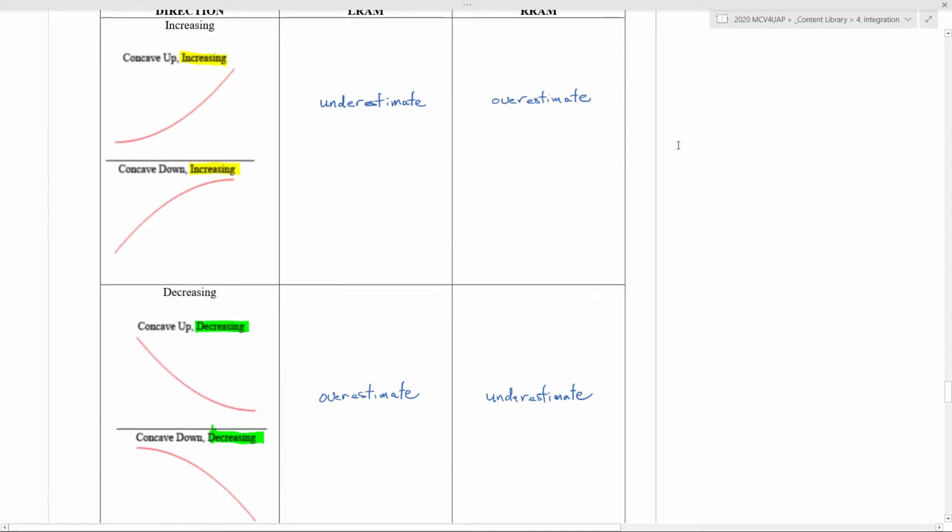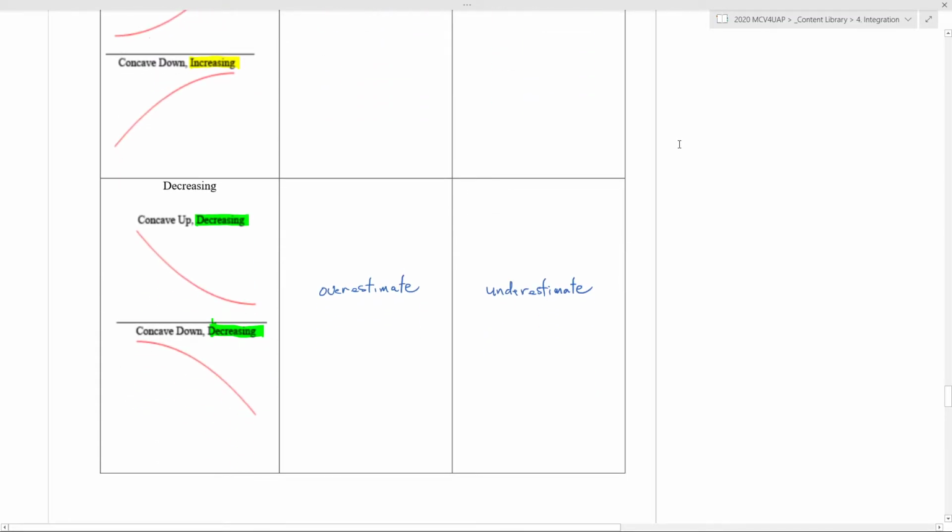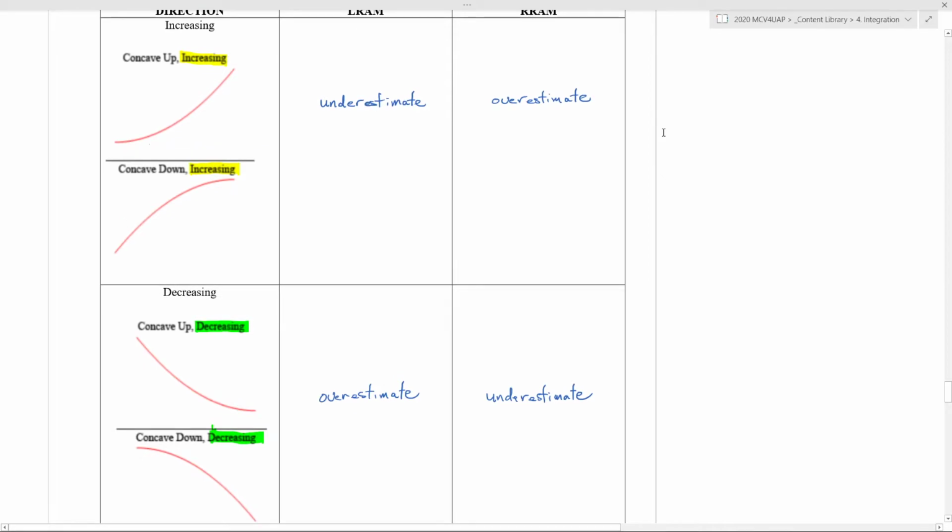When the function is decreasing, which is the lower half of the chart, no matter whether the decreasing function is concave up or concave down, that doesn't matter. As long as the function is decreasing, LRAM will give you an overestimate of the area, and RRAM will give you an underestimate of the area. And that's all that chart's meant to do, is just to summarize that.